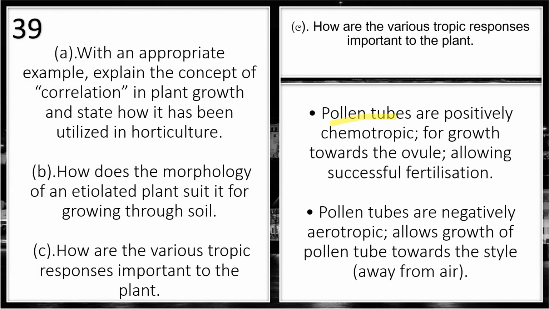Pollen tubes are positive chemotropic for growth towards the ovule, allowing successful fertilization. Pollen tubes are negatively aerotropic, allowing growth of the pollen tube towards the style away from air.